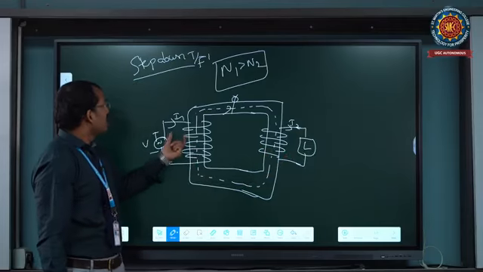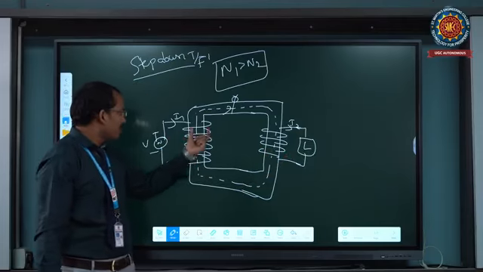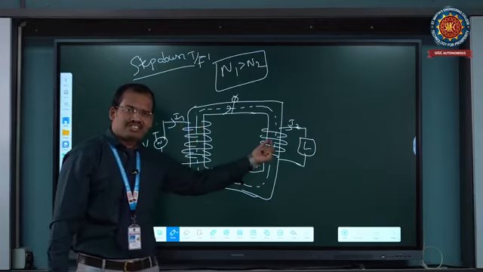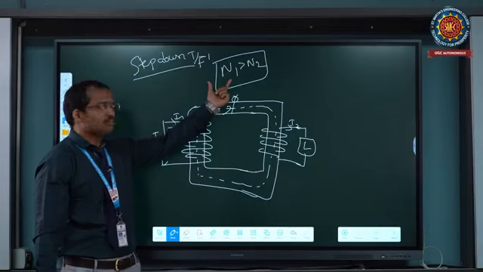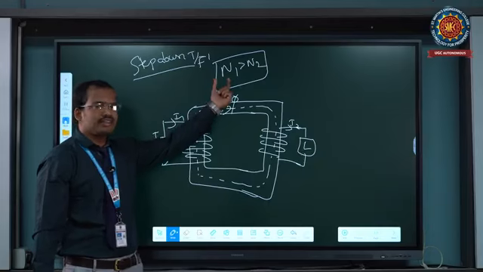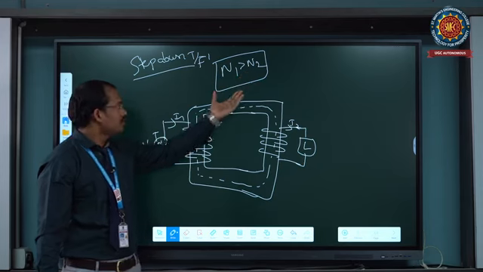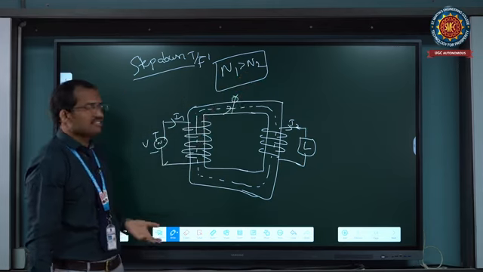So this is the step down transformer: the primary side has more turns and the secondary side has fewer turns. What is the basic principle? N1 is greater than N2.